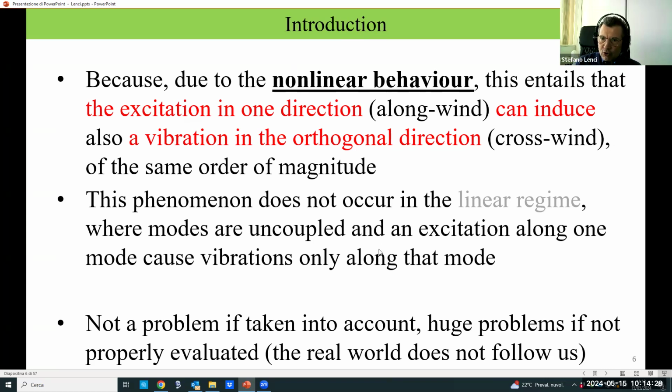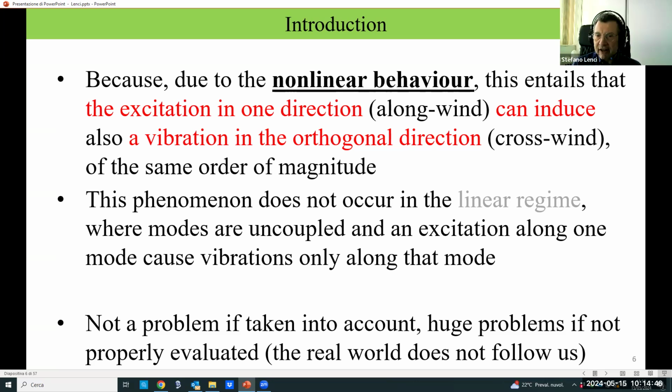This phenomenon does not occur in the linear regime because, as you are aware, in the linear regime the modes are uncoupled. So if you force only one mode, the other mode does not have any excitation and so does not have a response.